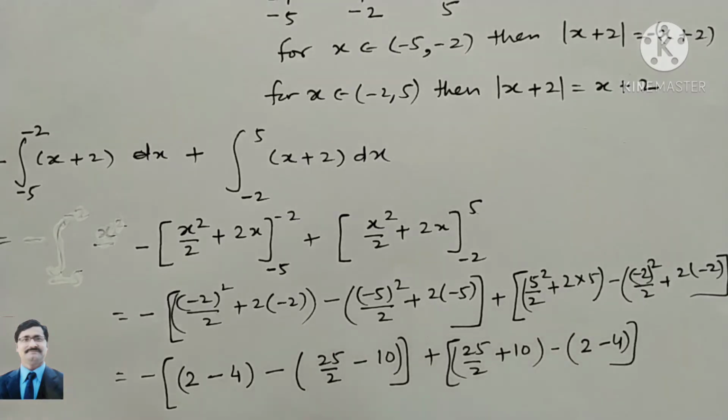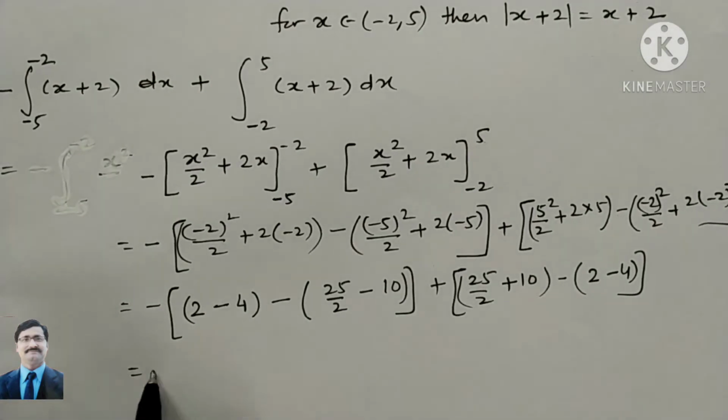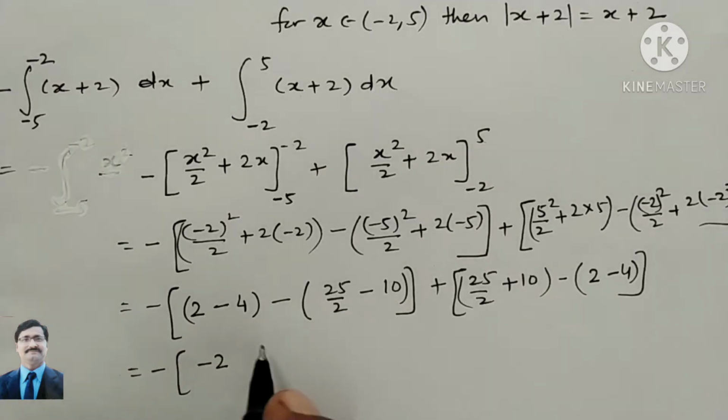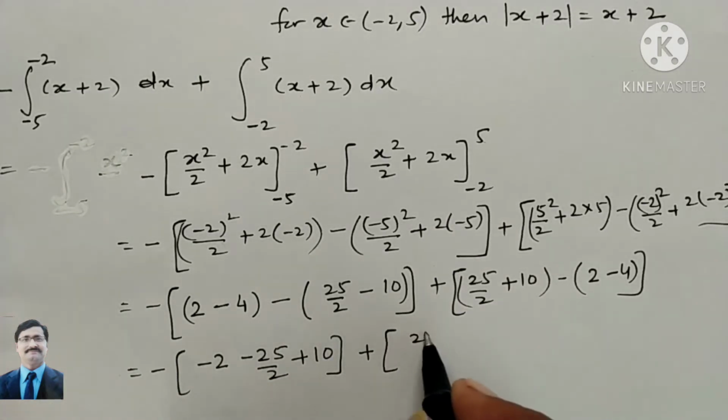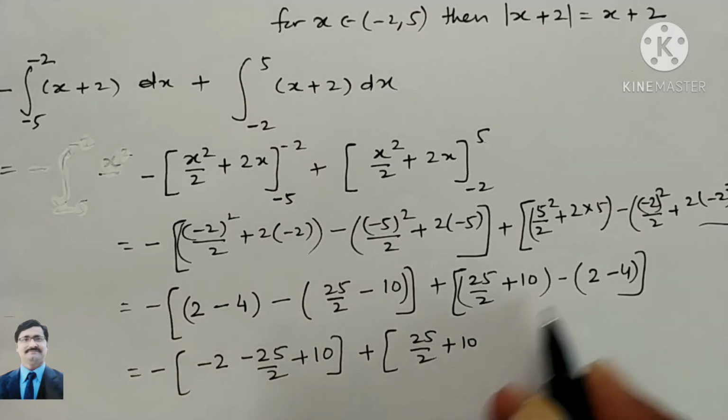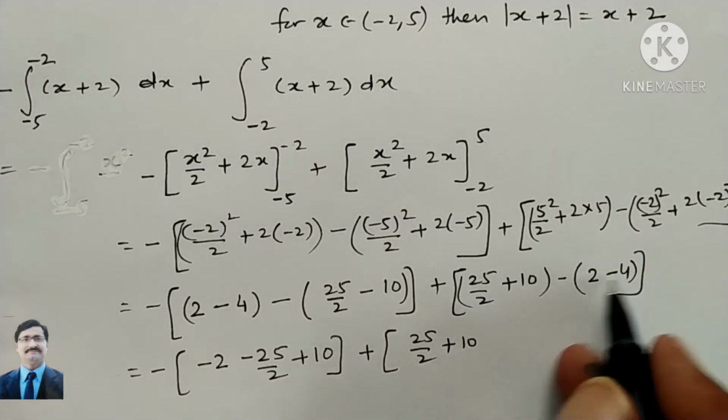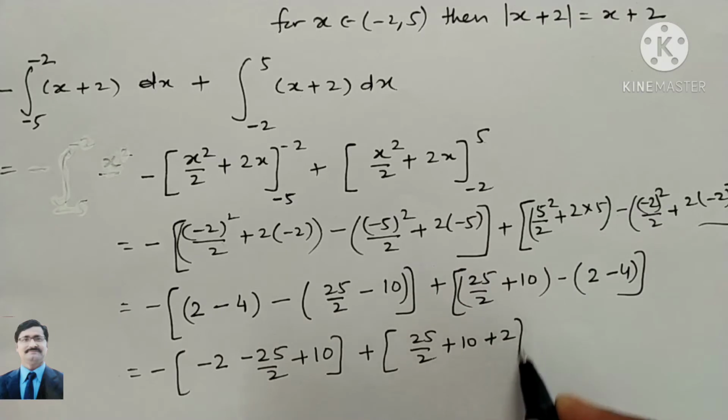So these we have to solve. We get minus 2, and opening the bracket, minus 25 by 2 and minus minus plus 10. Then plus here also 25 by 2 plus 10, and this will be minus 2, and minus minus plus 2.